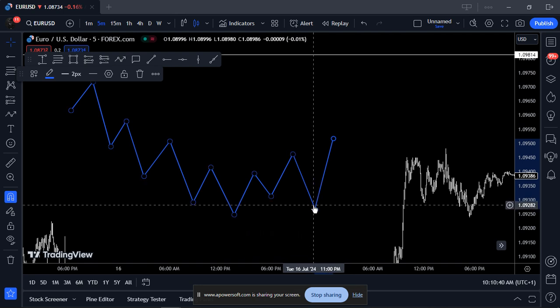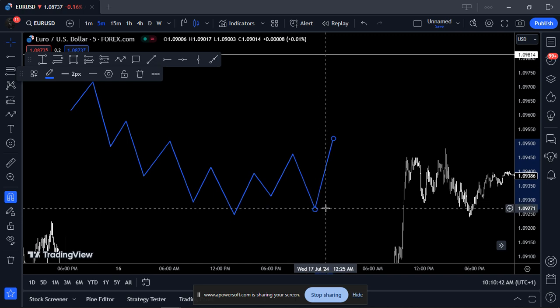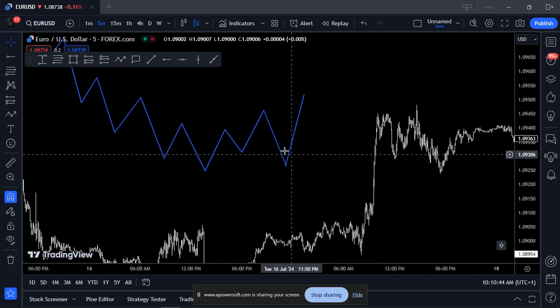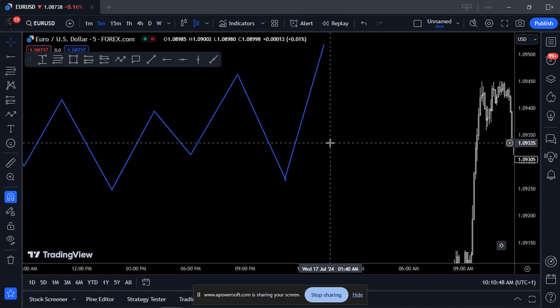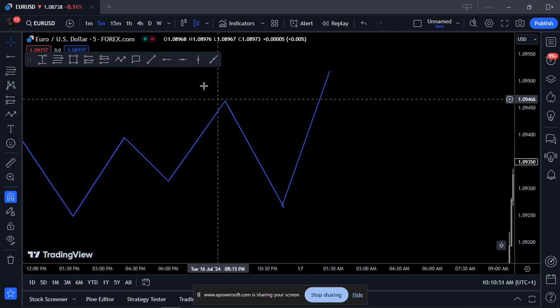In this lower time frame, we look for a complete engagement entry. So our lower time frame will have something like this.